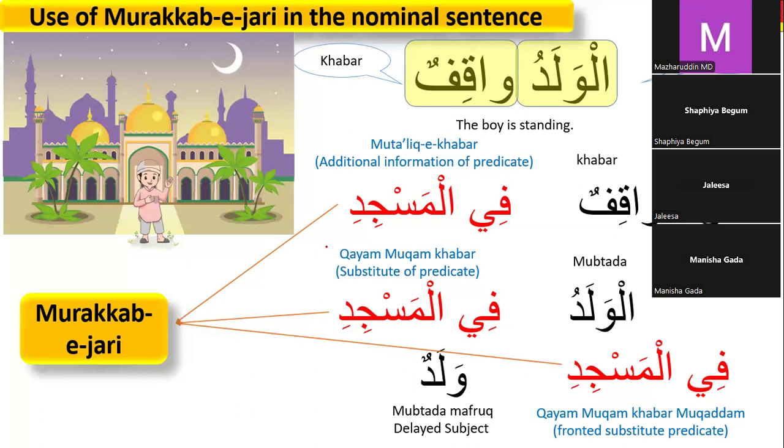So all three are shibu jumla? Yes, that's quite obvious. Murakkab jari itself is shibu jumla. It is another name for murakkabe jari, but you cannot say murakkab jari everywhere. These are the names according to the place of murakkab jari.